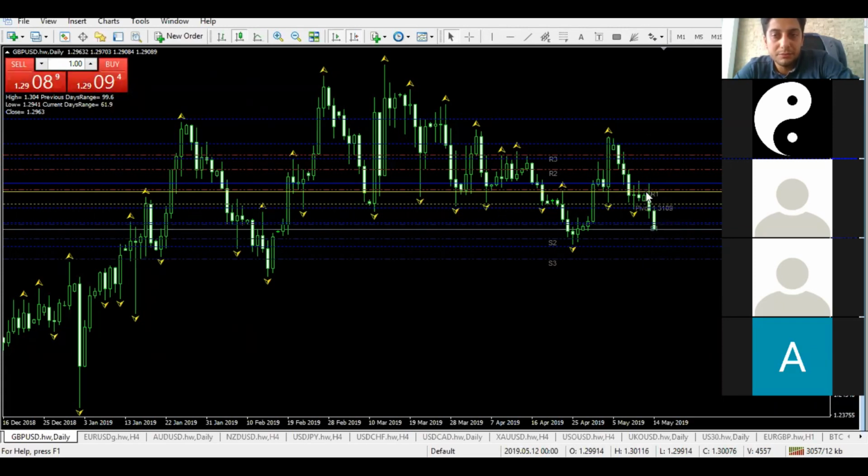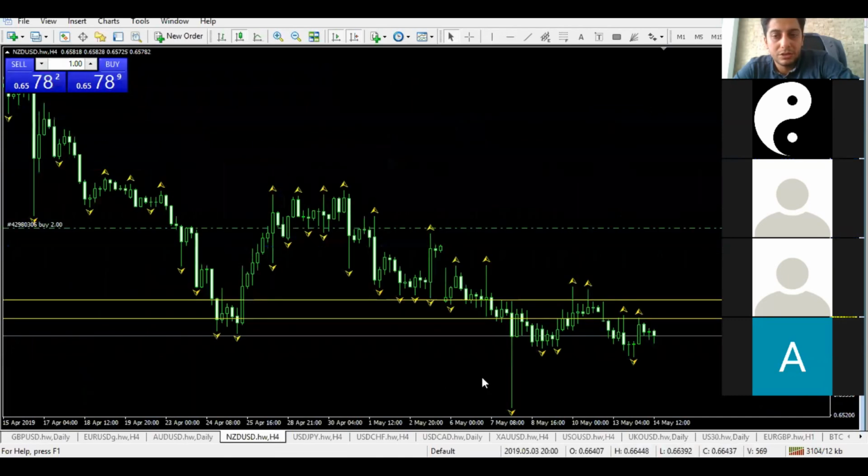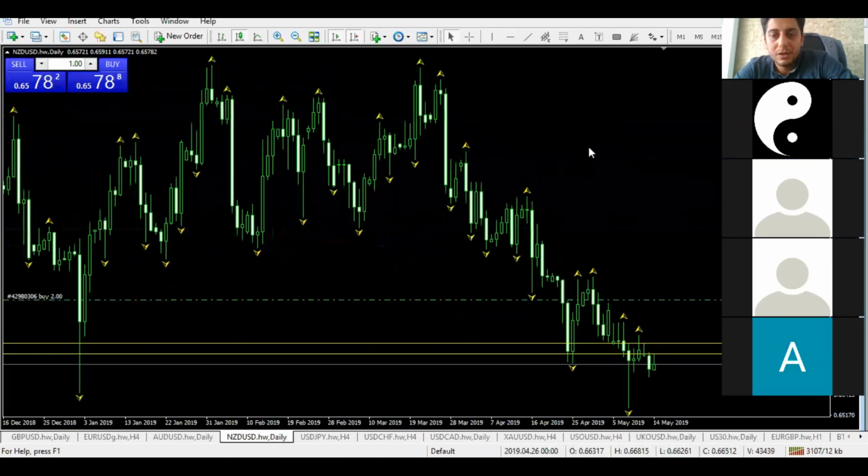But if the candle has a shadow from the top, like if it has finished in the bottom and on the top there's a shadow, it will finish as a bullish one. Like here, it was an overlapping candle. And it can give you that steady set of drops, like in the chart of New Zealand.